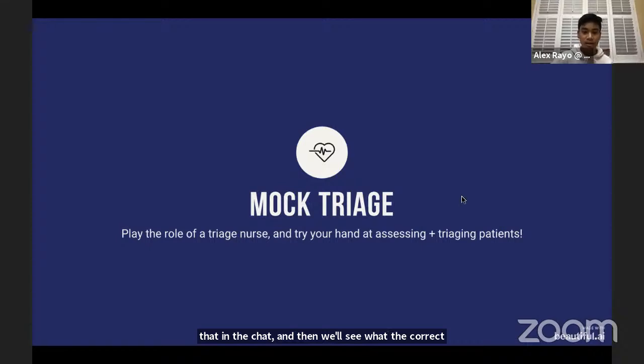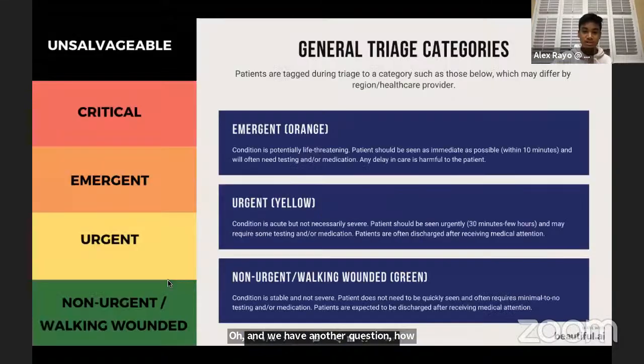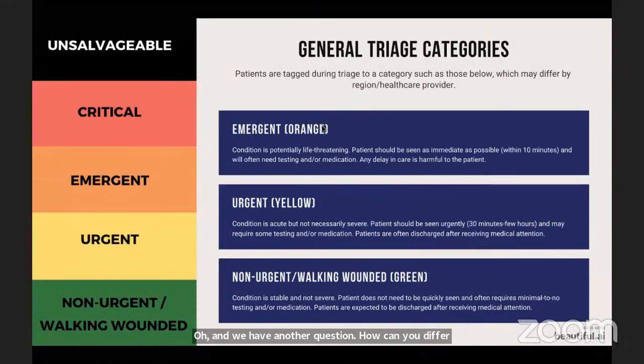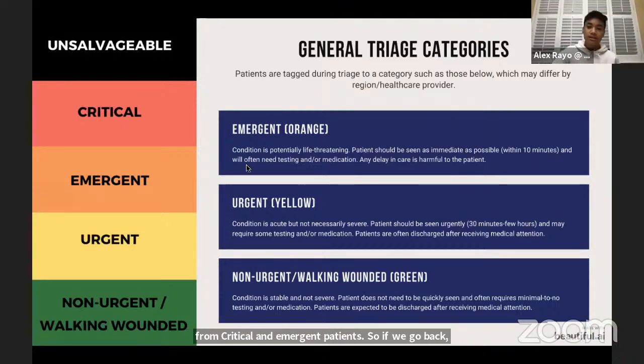Oh, and we have another question. How can you differentiate critical and emergent patients? So if we go back. Critical, I like to think of as the patients that 100% need to be seen now, because if they aren't seen now, their chance of surviving is basically minimal to none.